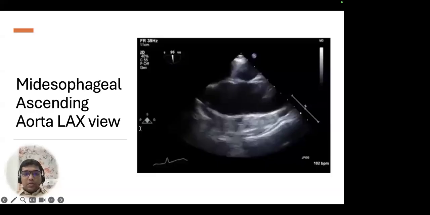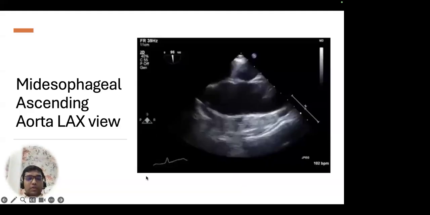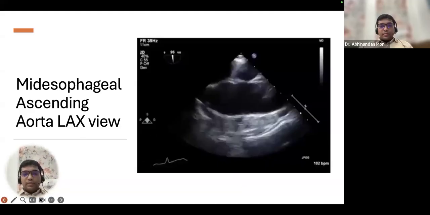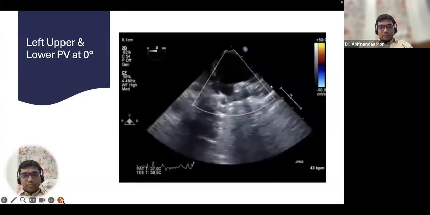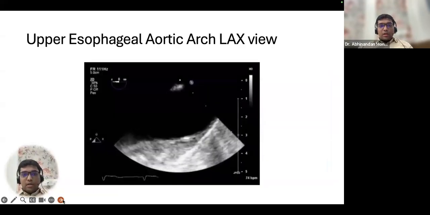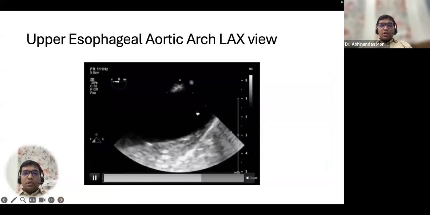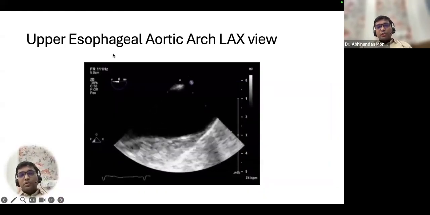One more question: in the aortic arch long axis view, which side is proximal? Let me see how the image is being formed.